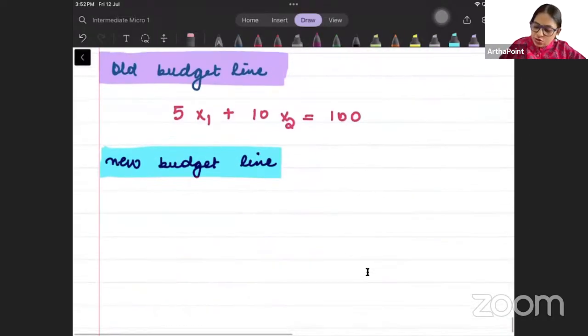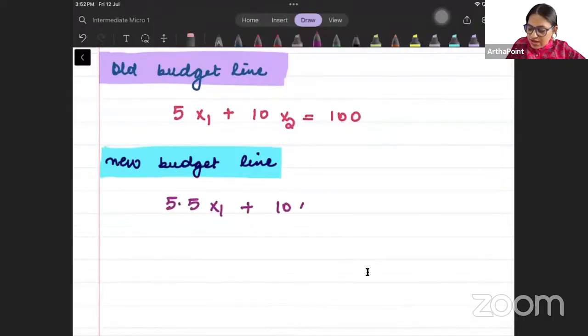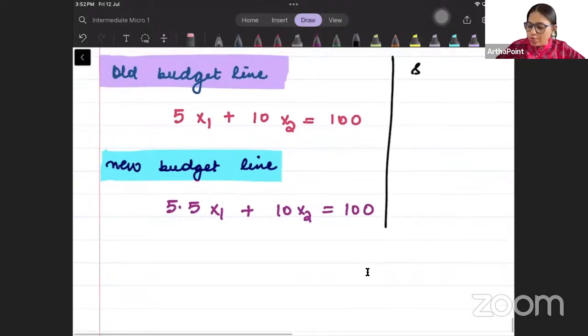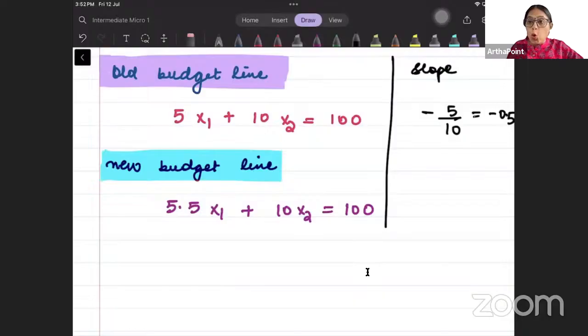So 5.5 X1 plus 10 X2 equal to 100. Clear? Beta, what is the slope? If I compare the slope, P1 by P2, that means minus 0.5. What is the new slope, beta? P1 by P2, minus 0.55.